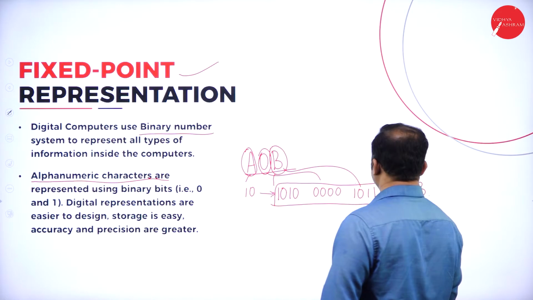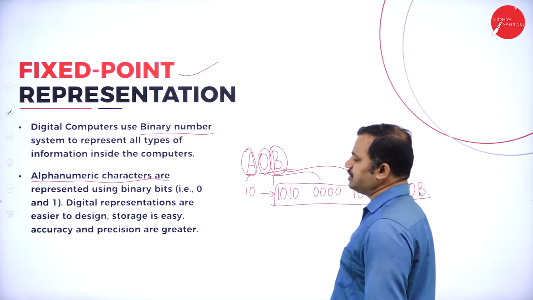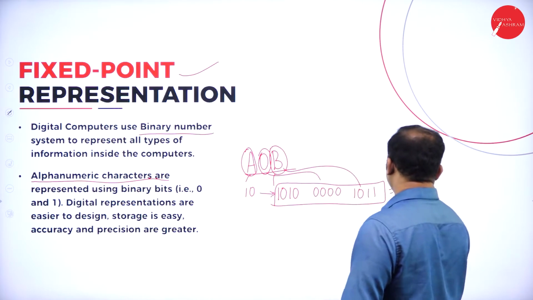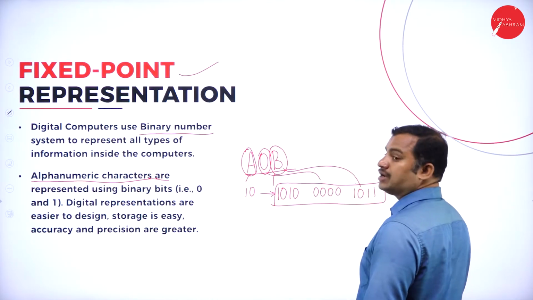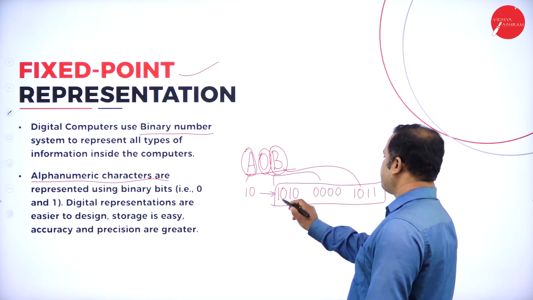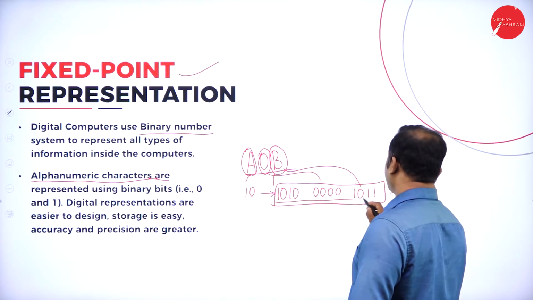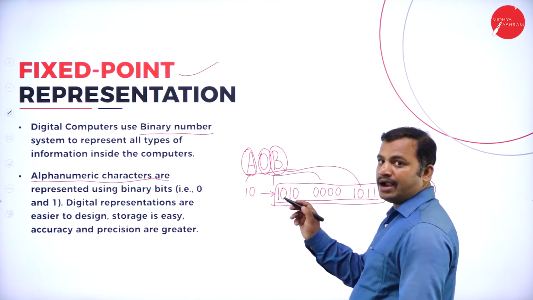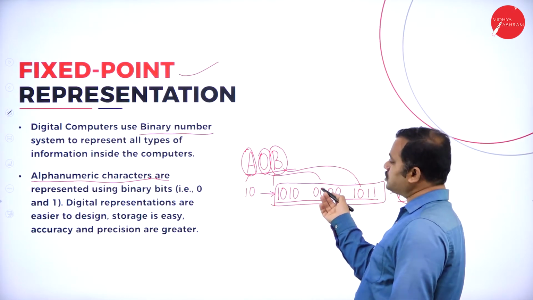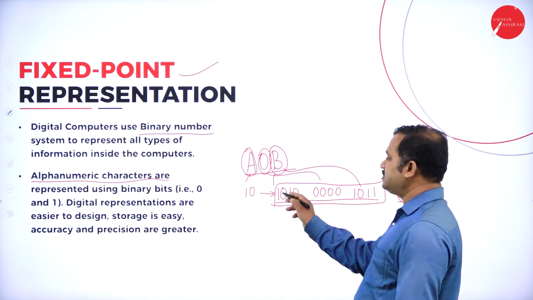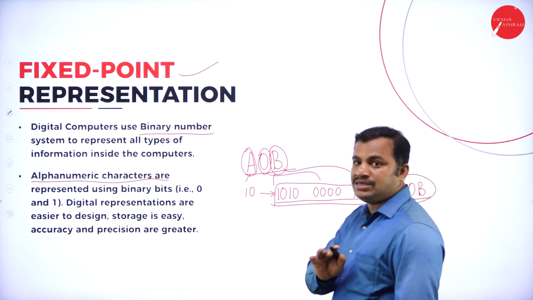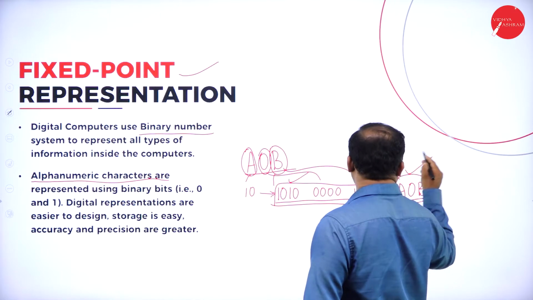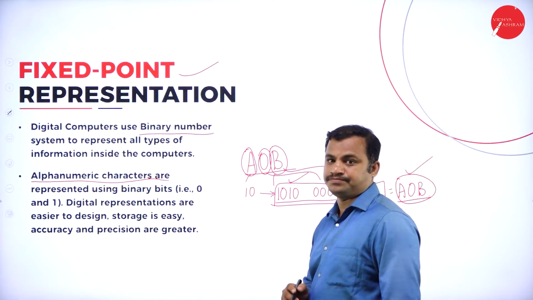So we have this format of representation. Why we prefer to represent these alphanumerals in this format is that it is very easy to represent in the computers and very accurate, and the space required to store these binary numbers is small. So it is preferred over the alphanumeric characters.